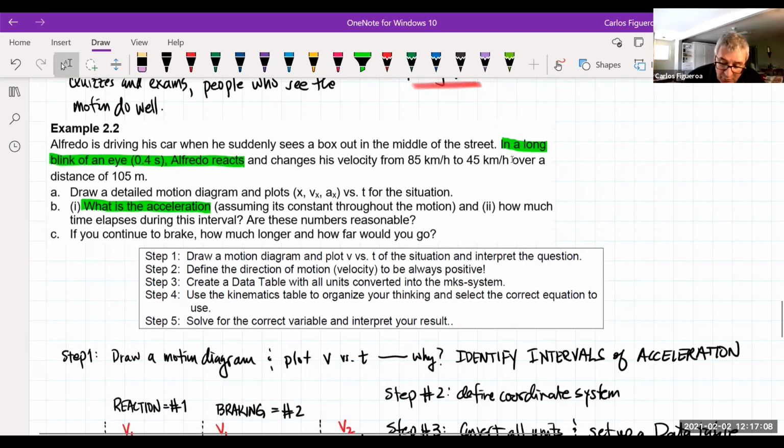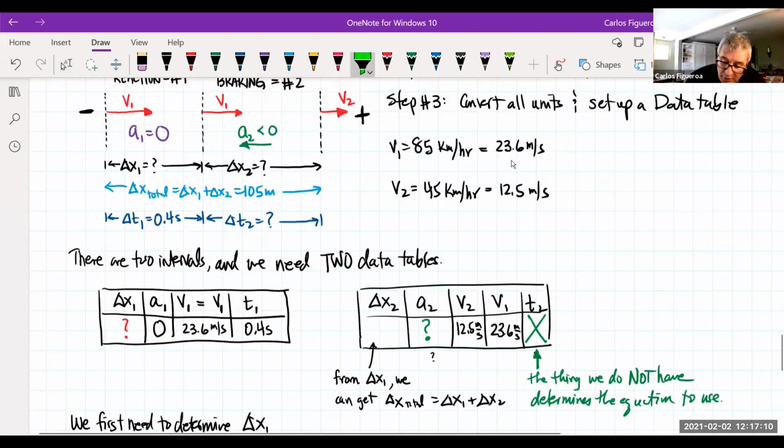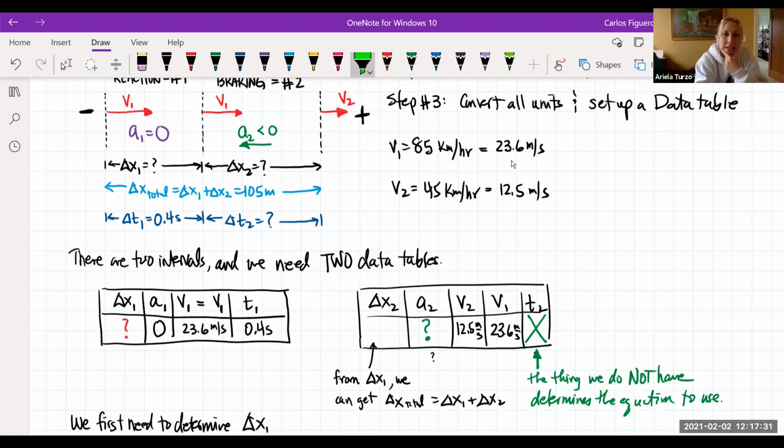So the thing we're solving for is what we put a question mark on. The variable that we do not have access to in this problem is the time. So I'm putting an X there because that's not given in the problem. That means I either have to solve for it or use it to determine which equation, because each equation has 4 variables, not 5. I got it. Thank you.